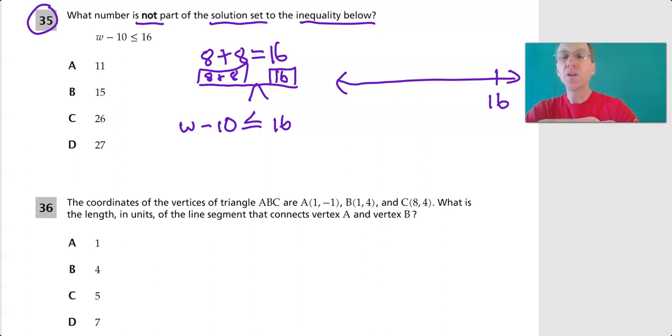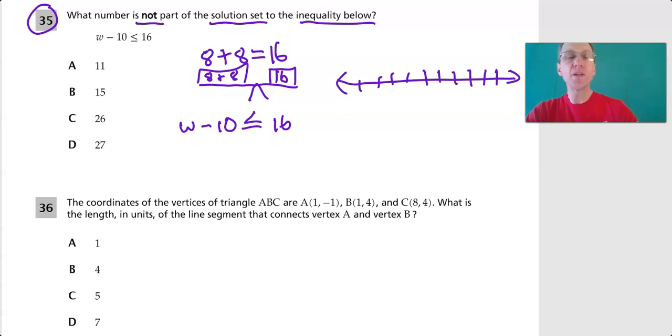So which values for W are less than or equal to 16? You could solve for that.